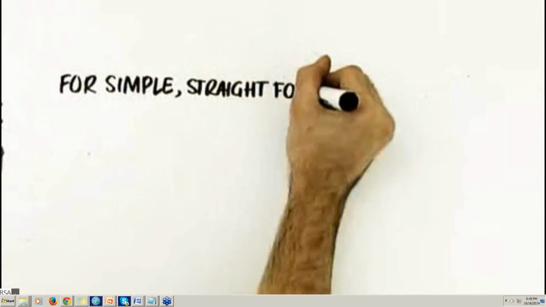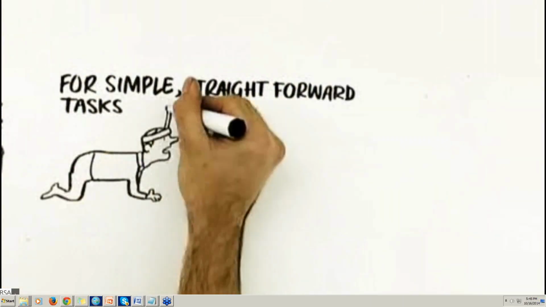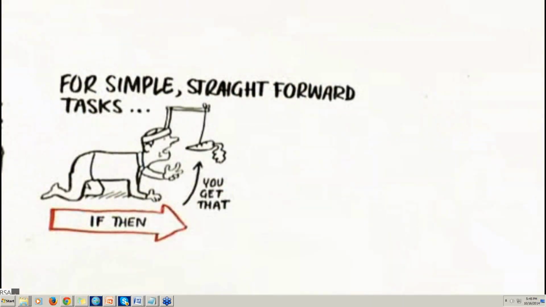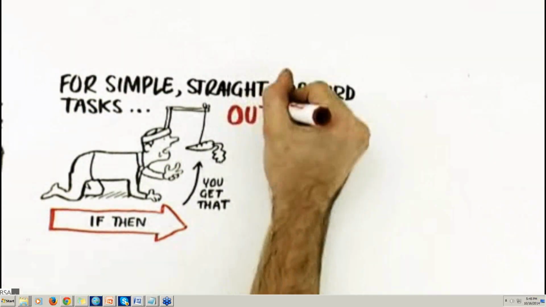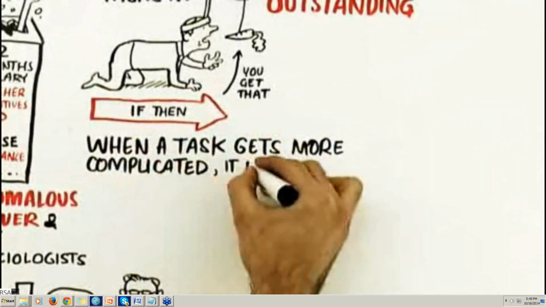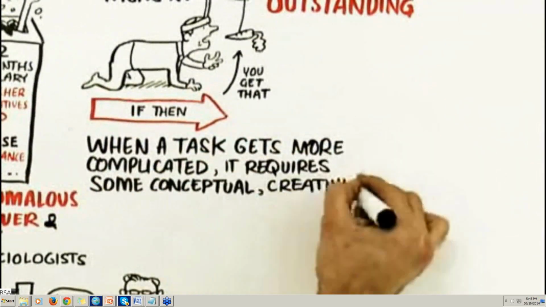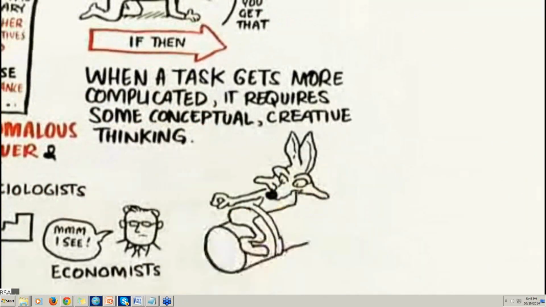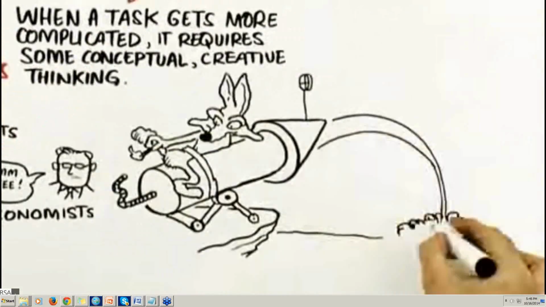For simple, straightforward tasks, those kinds of incentives, if you do this, then you get that, are great. For tasks that are algorithmic, a set of rules where you just follow along and get the right answer, if-then rewards, carrots and sticks, are outstanding. But when the task gets more complicated, when it requires conceptual, creative thinking, those kinds of motivators demonstrably don't work.